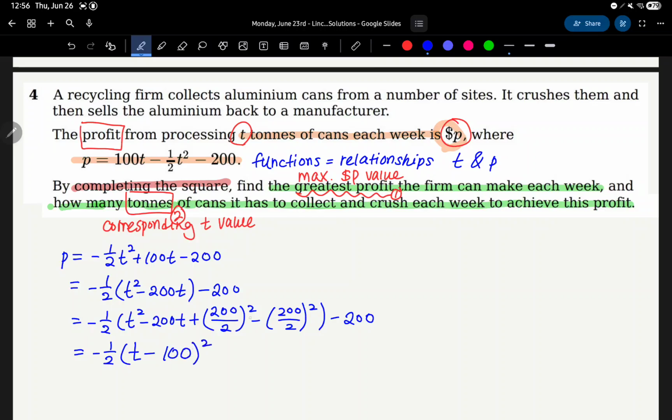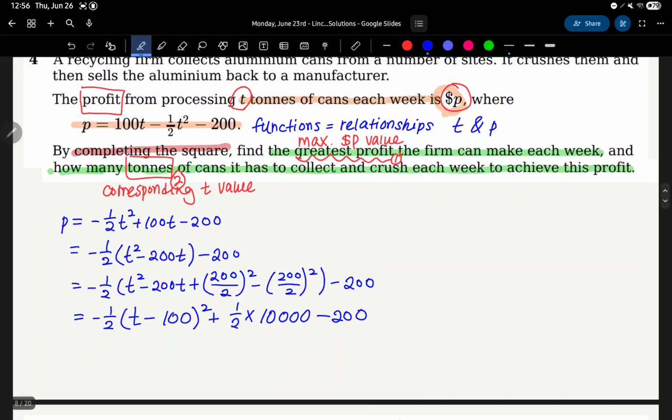Then we have a minus and a minus, so that's going to be plus 1/2 times 100 squared, so 10,000 over 2, 5,000, minus 200. So 4,800. Yeah? So that is how it looks when we complete the square.